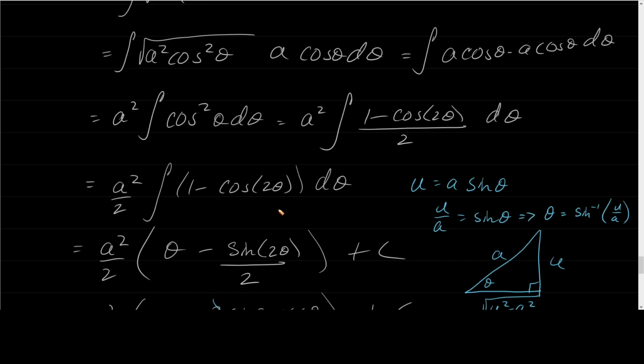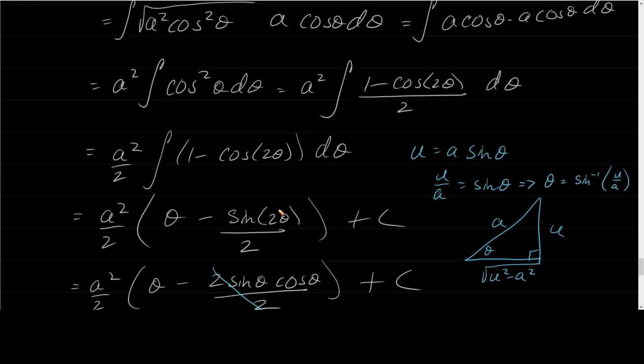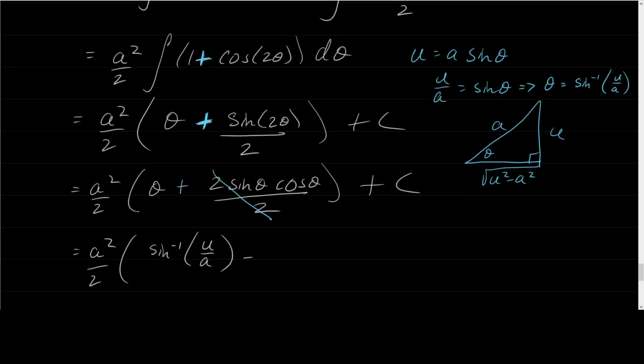How awful of me with all these mistakes on this video. That's okay. So this is a plus, because for cosine, the formula is plus, not minus. For sine, it's minus. For cosine, it's plus. So there we go, fix that. Now that I noticed that, we continue back to our regularly scheduled programming.